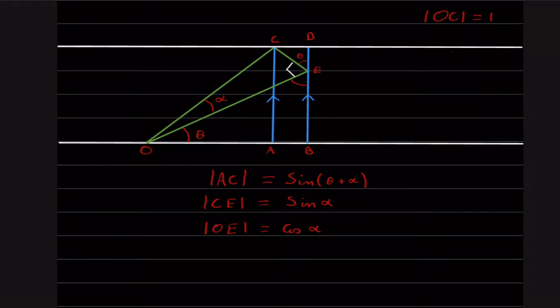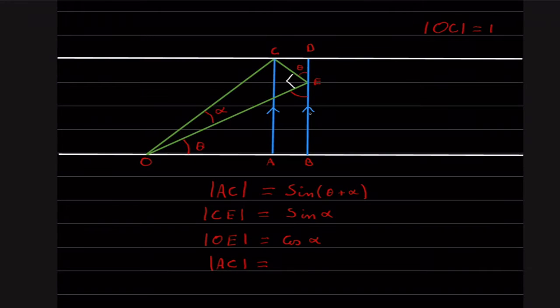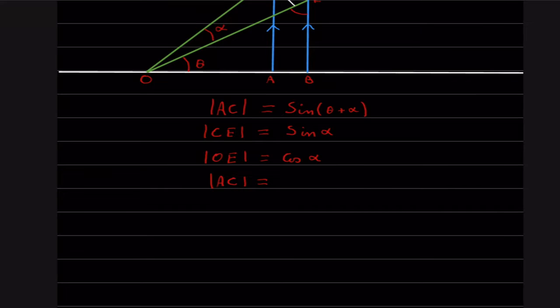They never get any closer or any further. So we can also say that the line AC is equal to the line BD.